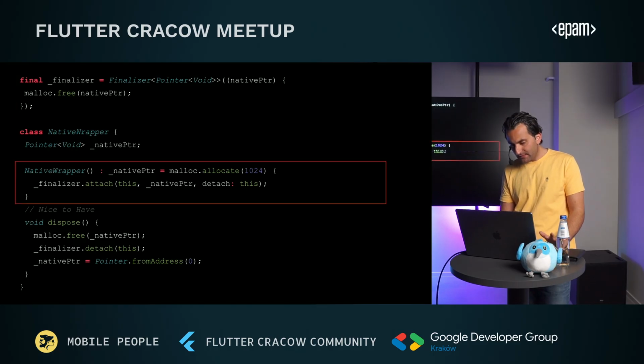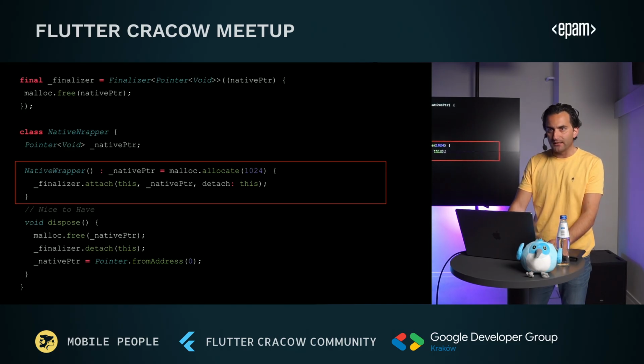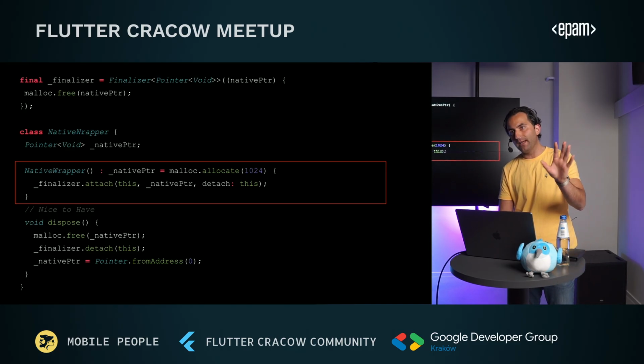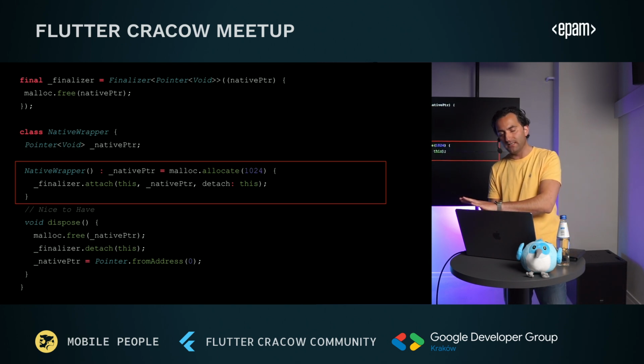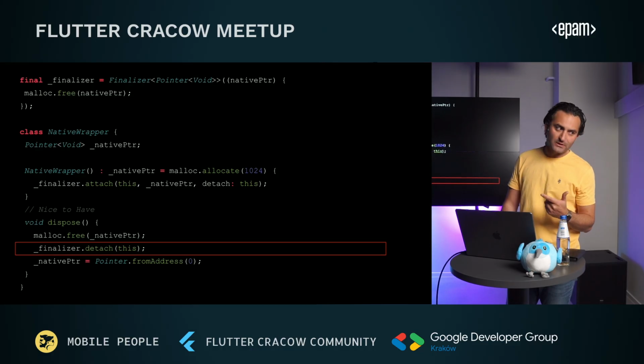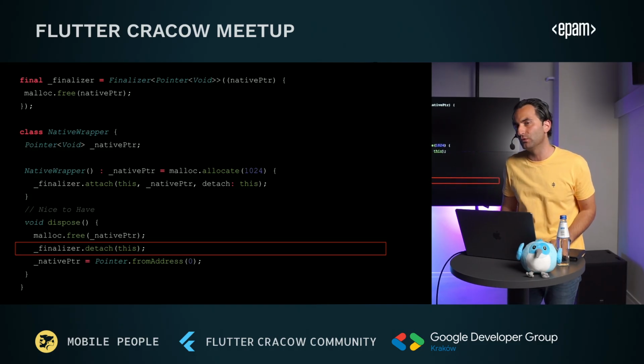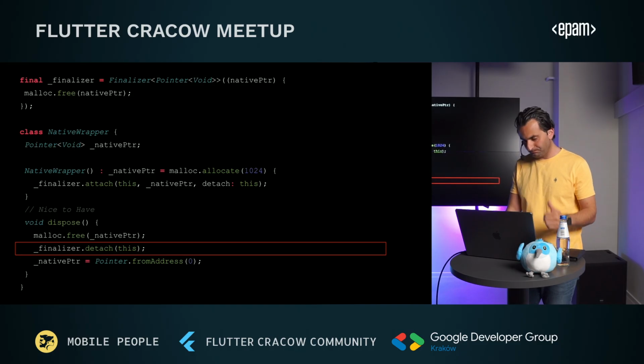So for your native wrapper, you can register your finalizer with a callback to free up the memory. You can attach this finalizer to the object that you have from the native side, and once you're disposing, you detach your finalizer, which in this case is going to call that object, which is no longer available for you, to free up the memory.